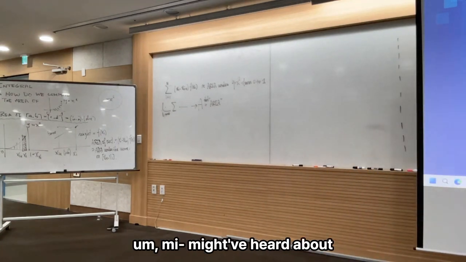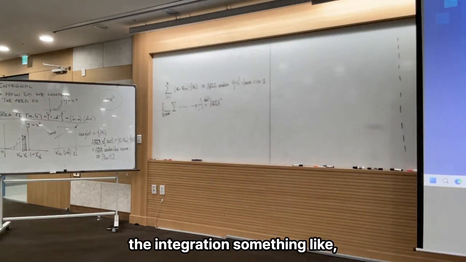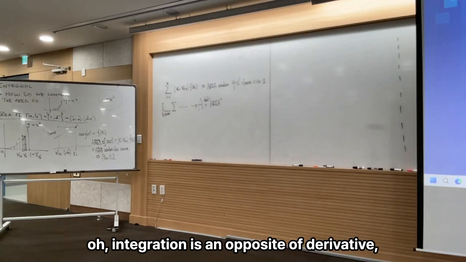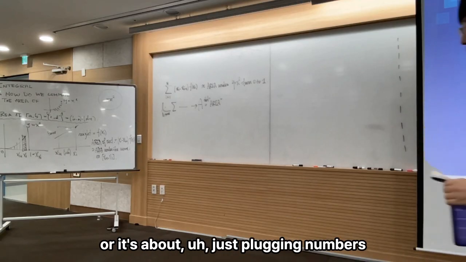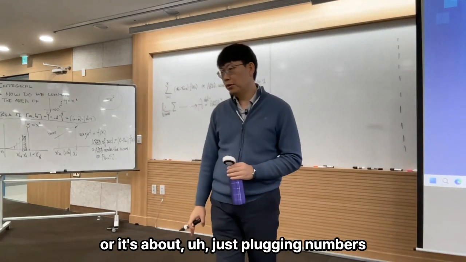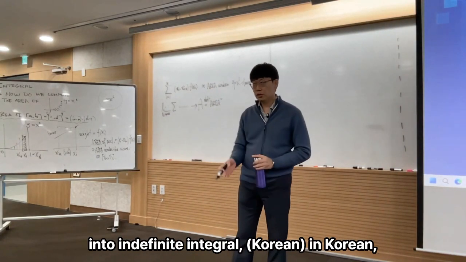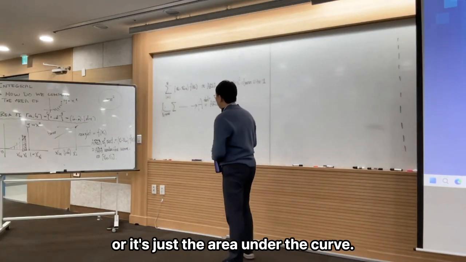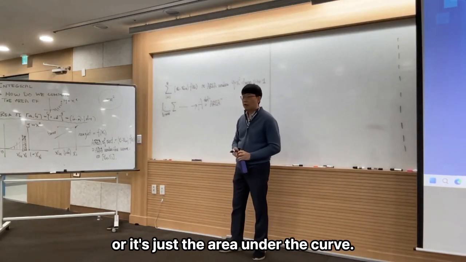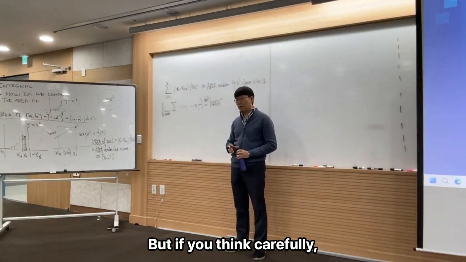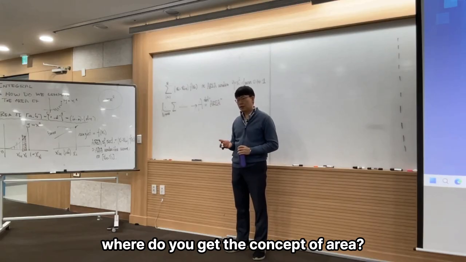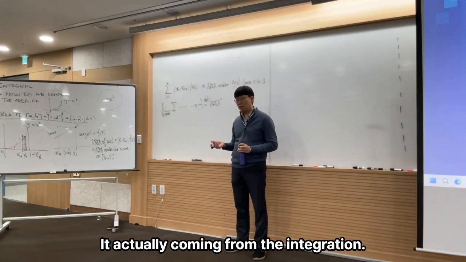Whenever you might have heard about integration, something like, oh, integration is the opposite of derivative, or it's just plugging numbers into an indefinite integral, 부정적분 in Korean, or it's just the area under the curve. But if you think carefully, where do you get the concept of area? It's actually coming from integration.